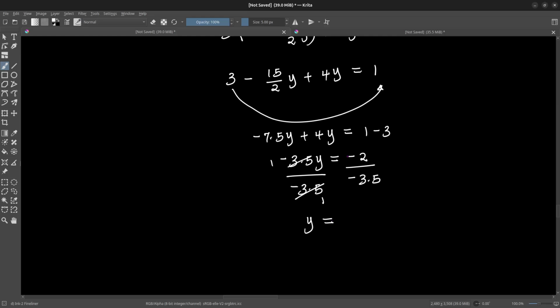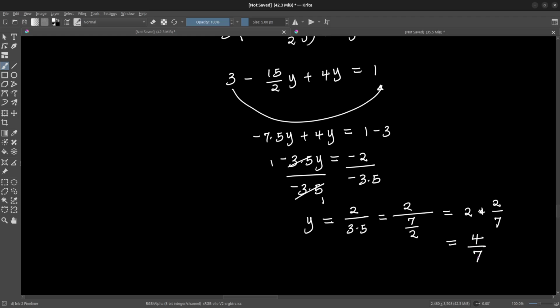This is equal to, the negatives are going to cancel each other, so this is the same as 2 over 3.5. But then what is 3.5? 3.5 is the same as 7 over 2. So this is the same as 2 all over 7 over 2, and this is the same as saying it's 2 times 2 over 7. So the value of y is 4 over 7.